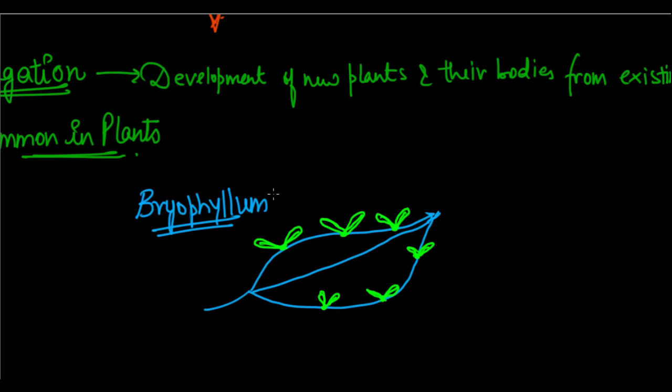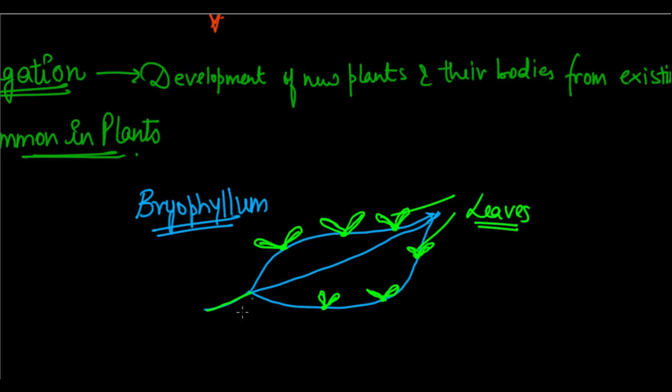When you see them grow, you see that leaves start growing on the tip of the bryophyllum leaf. And here you can see there's no seed from which a new plant part is developing. It is from a leaf of the plant.